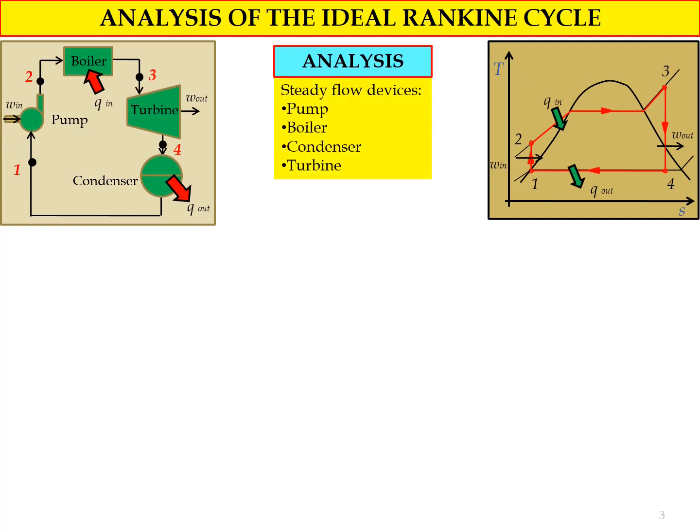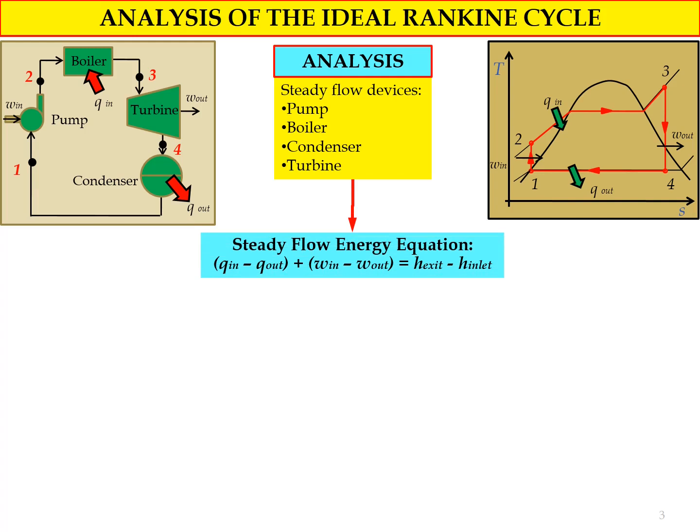For the analysis, we assume that all the devices involved in the steam power plant are steady flow devices, including the pump, boiler, condenser, and turbine. Then we can use the steady flow energy balance equation as shown in this slide, where Q in minus Q out plus W in minus W out equals H exit minus H inlet.